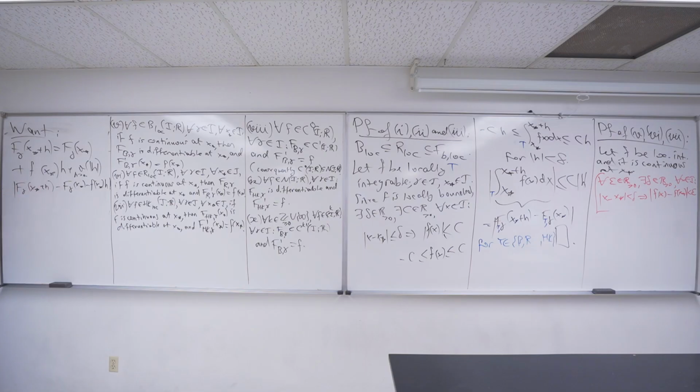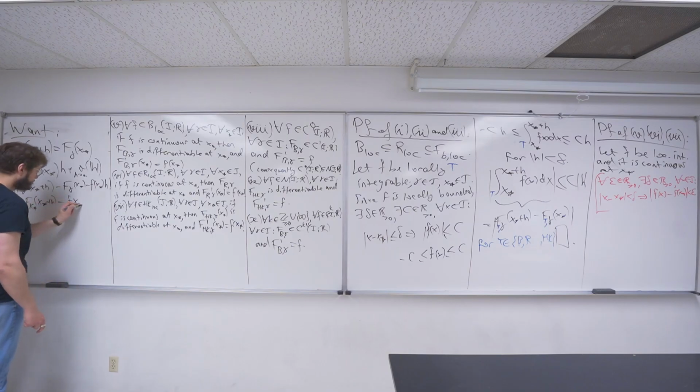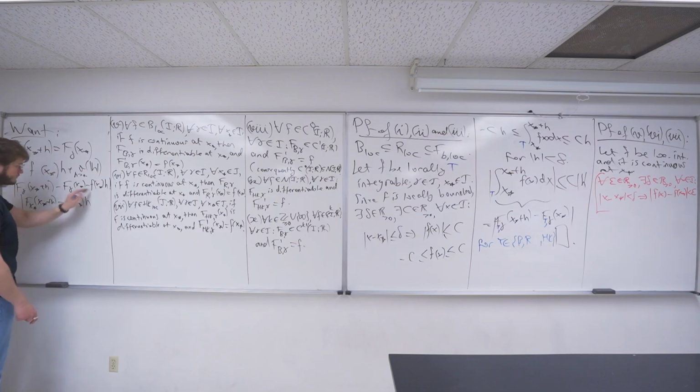Opening this up, again, I can flip the orders of these. That gives me a plus. And then this part just becomes capital F at x star plus h. And then this becomes this: the integral of lowercase f from x star to x star plus h. The only trick here is that you want to think of this as an integral as well. You think of this as a constant function integrated over the same domain.